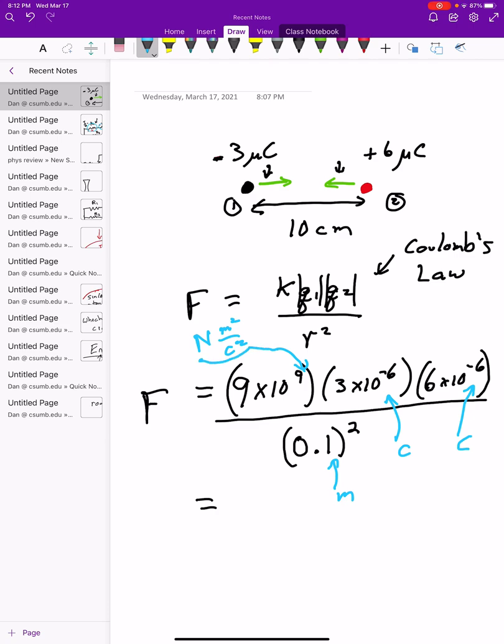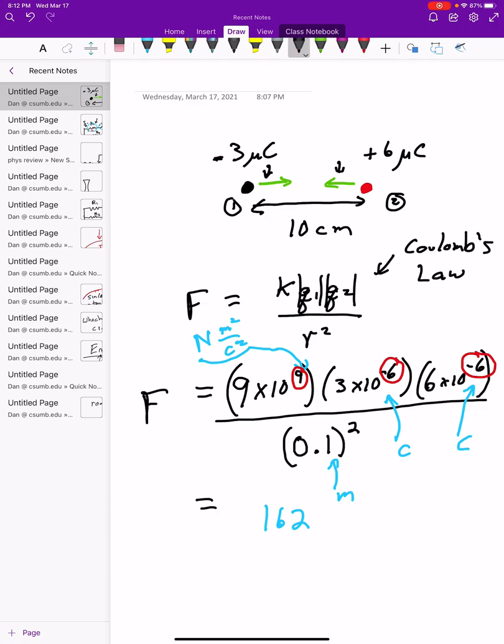So now let me do the math. I have 9 times 3 times 6, so I've got to do that math. And I think that's going to come out to be 162. And I have to also take care of the exponents. I have times 10 to the 9th, times 10 to the minus 6th, times 10 to the minus 6th. So the product of those is going to be times 10 to the minus 3rd.